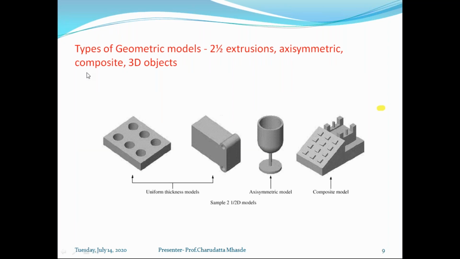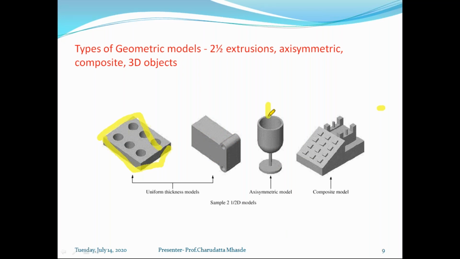Next is the actual diagram. Here you can see this, which we already saw in the last lecture also. This is a rectangular surface. On this surface we have just extruded along a vertical line, and we have created this. So this is called a uniform thickness model, where a sketch is generated and added with a vertical, same thickness.